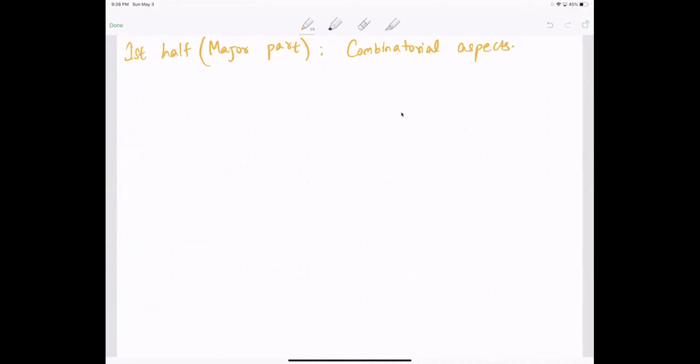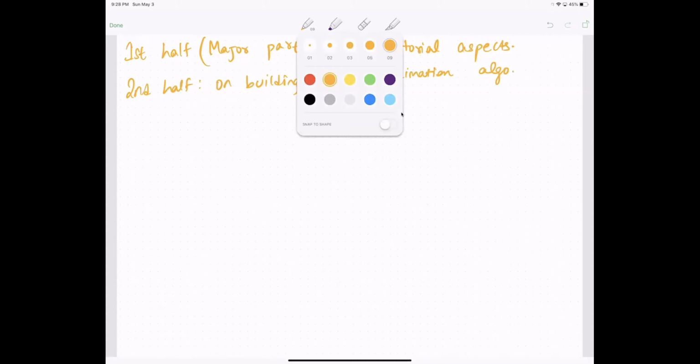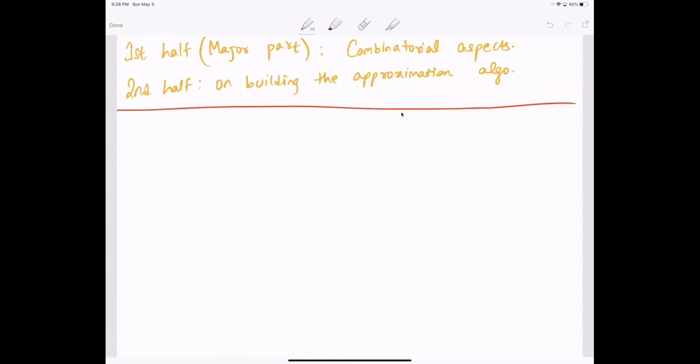Once we set the base and get these combinatorial properties, then the second half will be on building the approximation algorithm. Okay, so that's the high-level overview. And so now let's focus on the combinatorial properties. Let's get started.